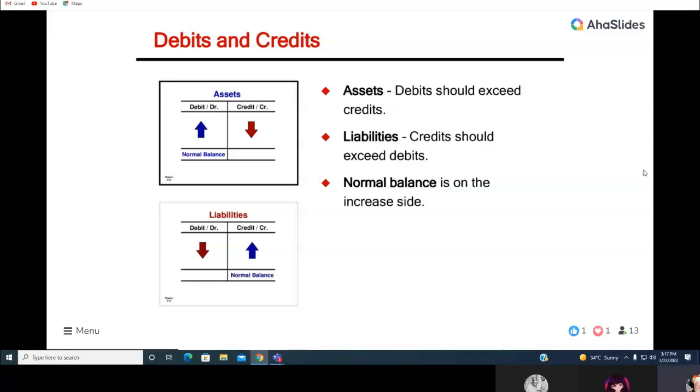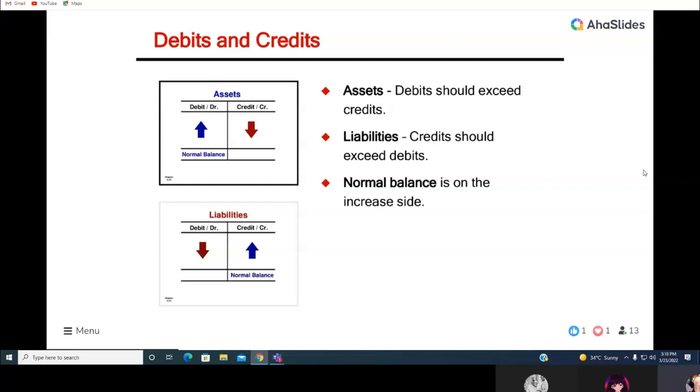And therefore, if this transaction affects a liability account and the liability account increases, we will record that on the right-hand side. So if an asset account increases, we record it on the left side, debit. If a liability account increases, we record it on the right-hand side.